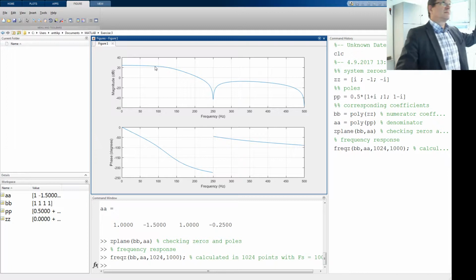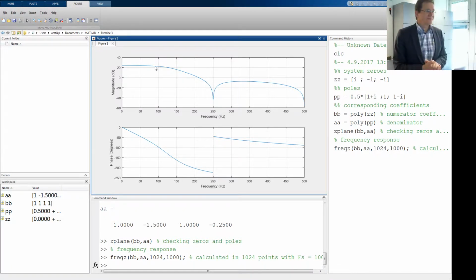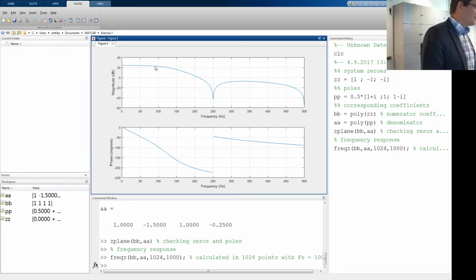So 25, 10, 32 dB. Not drastically excellent filter, but still much better than just that running average.